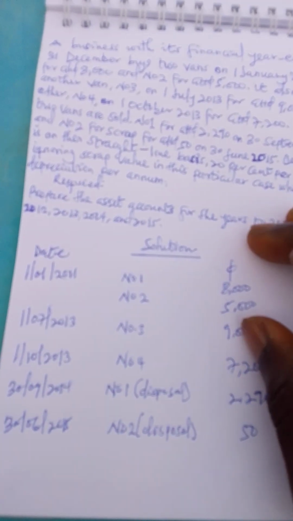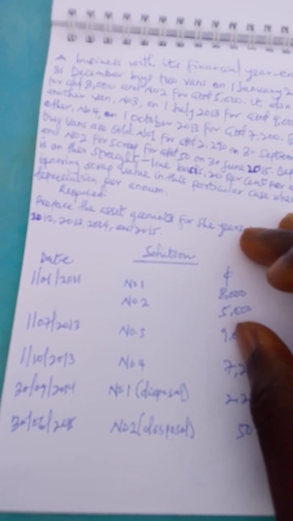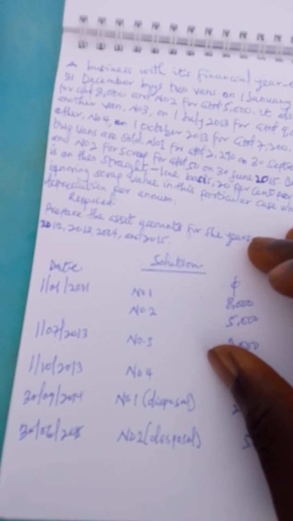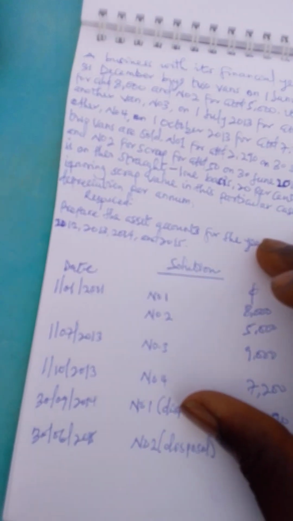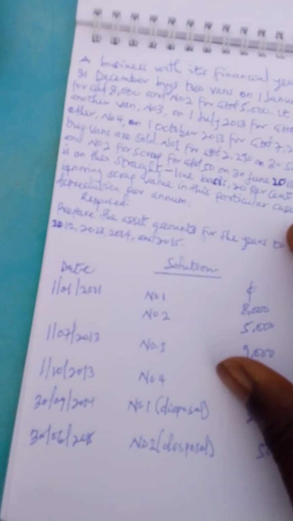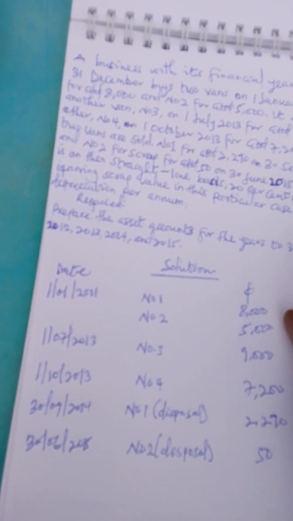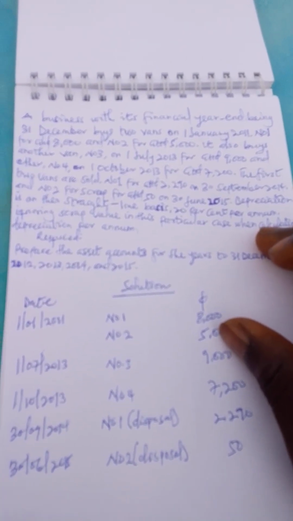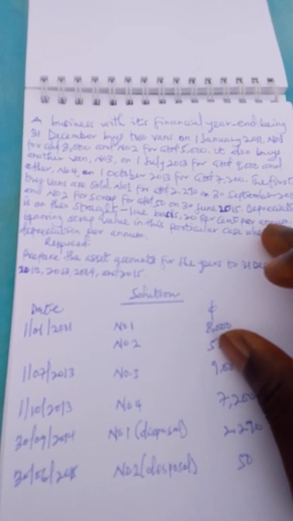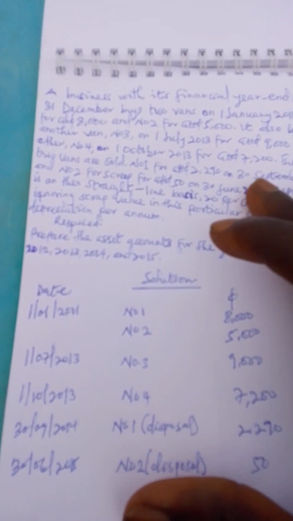If you are buying, it means you are gaining and the person that is selling is losing. So the person that is selling the assets, whether it's on credit or with cash, is going to reduce. So if the company is going to reduce, we are going to credit the person and debit the asset account.